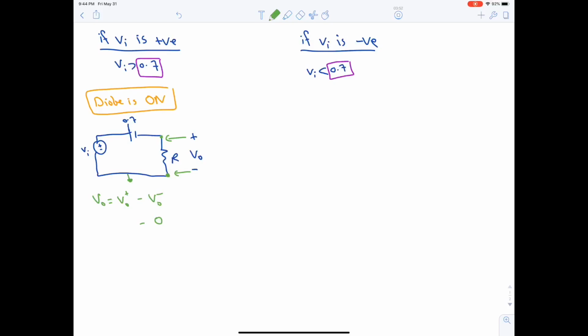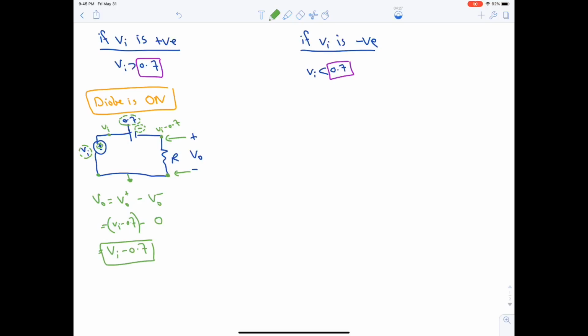If this point is 0, and this is Vi, then 0 plus Vi is Vi. Crossing the source, the sign furthest from you is minus, so Vi minus 0.7. So this point is Vi minus 0.7. Then Vi minus 0.7 minus 0, so the answer is Vi minus 0.7.